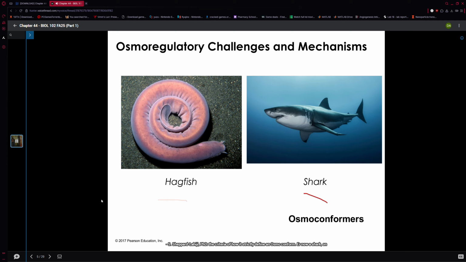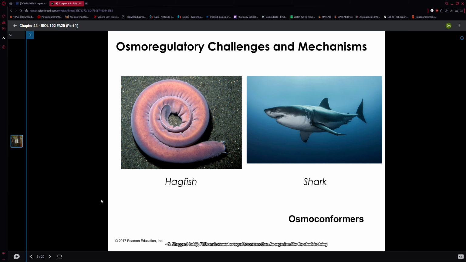Now, a shark, on the other hand, would be an example of a cartilaginous fish that is also isotonic to seawater, but it does it in a slightly different way. So it's not just that the osmolarity that we see within the body fluid in the environment are equal to one another.